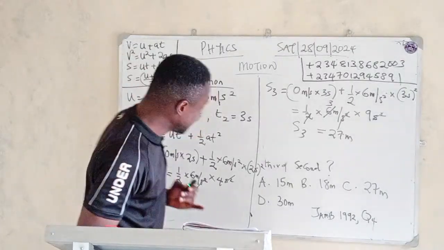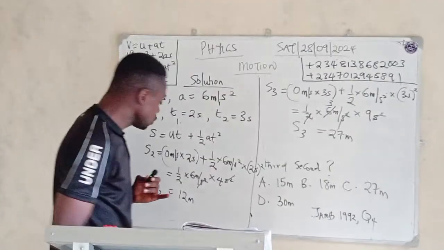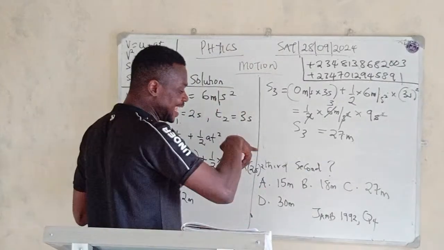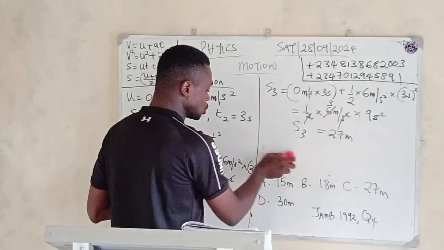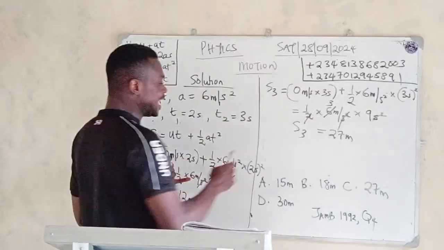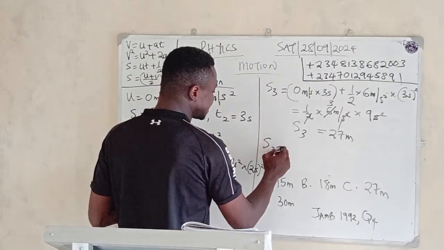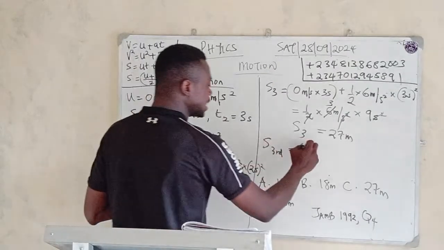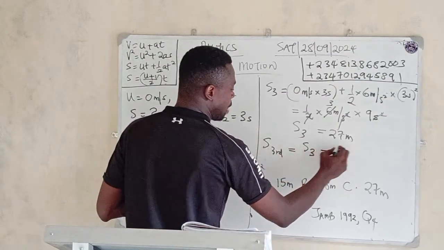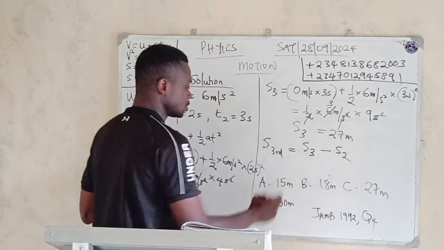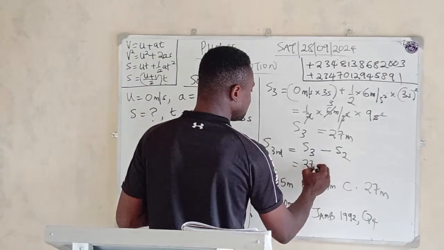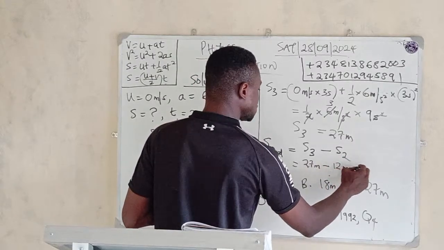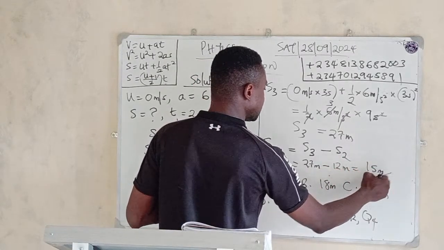While the distance covered in 2 seconds is 12 meters, we're looking for the distance covered in the third second. So the distance covered in the third second, S third, is equal to the distance covered in 3 seconds minus the distance covered in 2 seconds, which is 27 meters minus 12 meters, which is 15 meters.